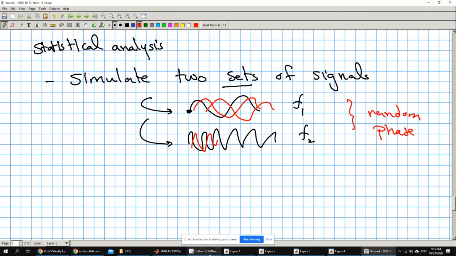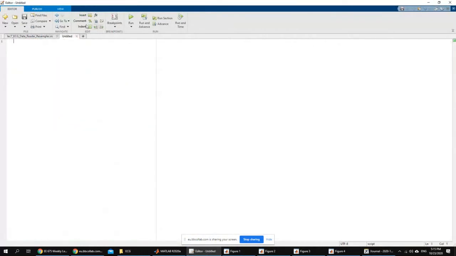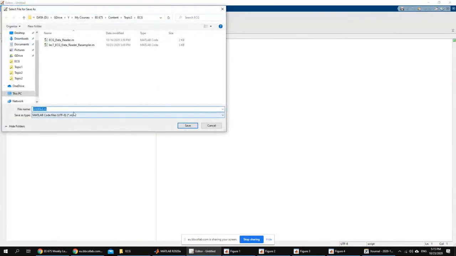So let's do that. I'm just going to simulate two sets of signals, each one having the same frequency, with random phase. Let's call this link 7.